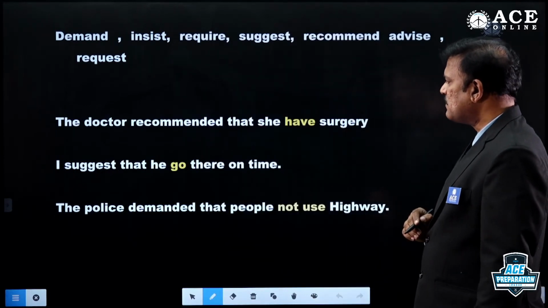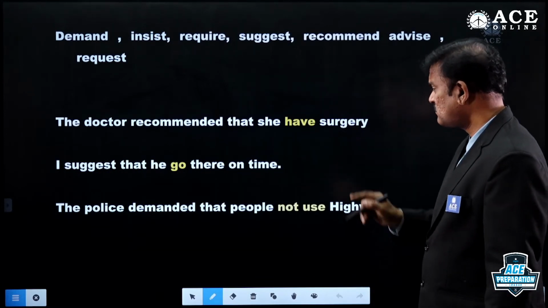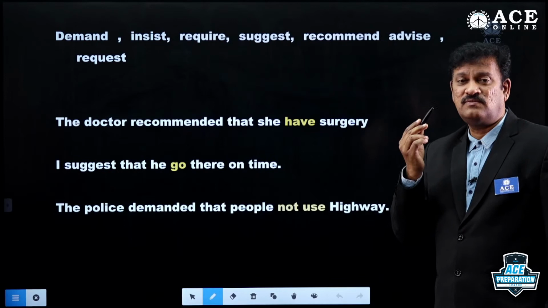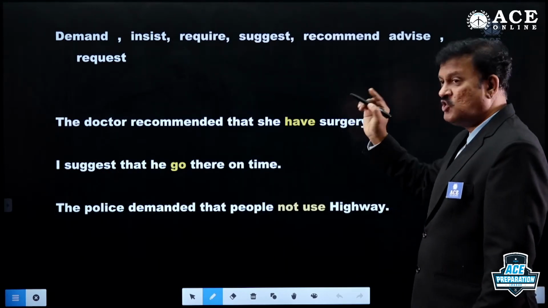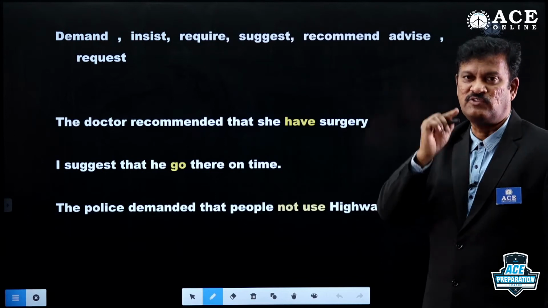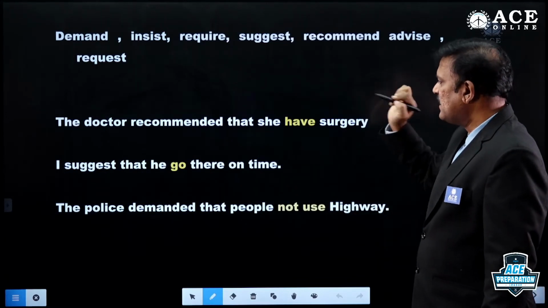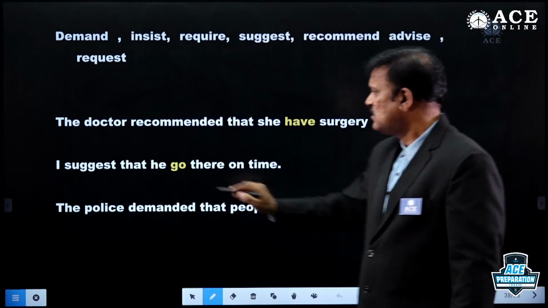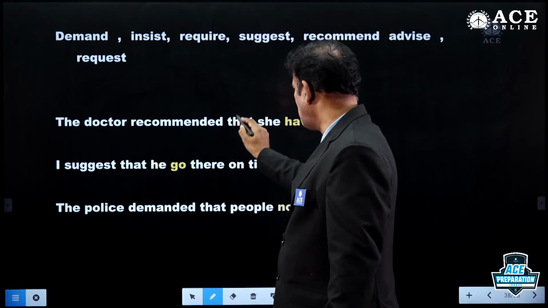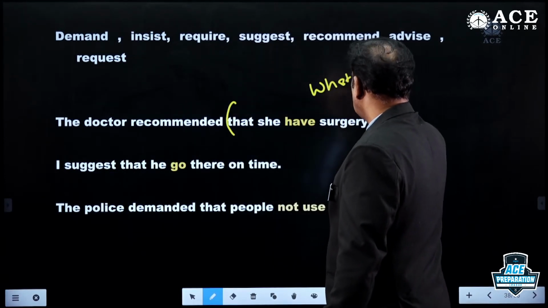The doctor recommended that she have surgery. Now, understand the importance of basics. Assuming that you remember those phrases, clauses, I am giving you this. In this sentence, there is a clause, a secondary sentence. The doctor recommended what?